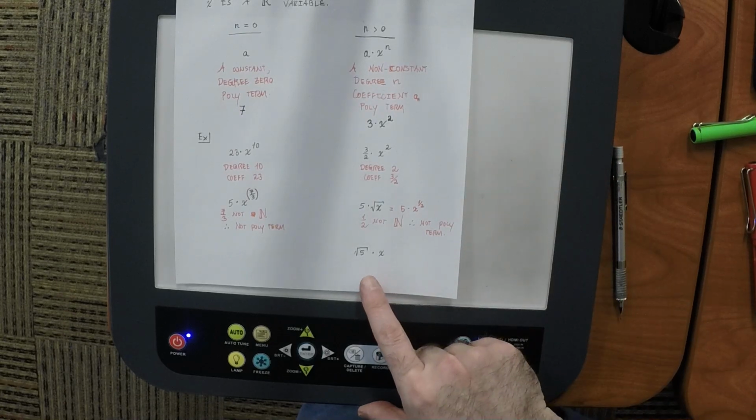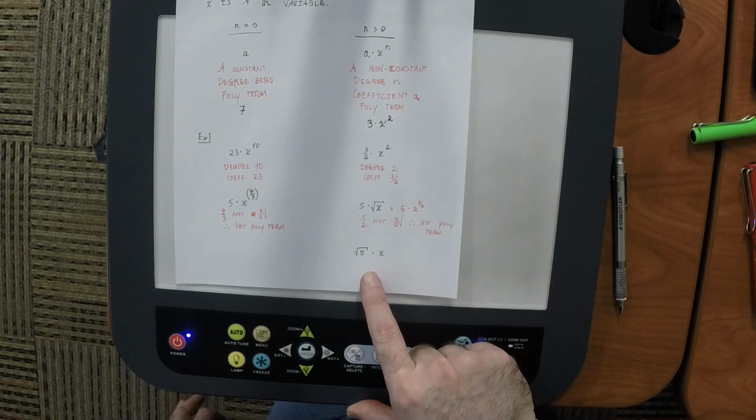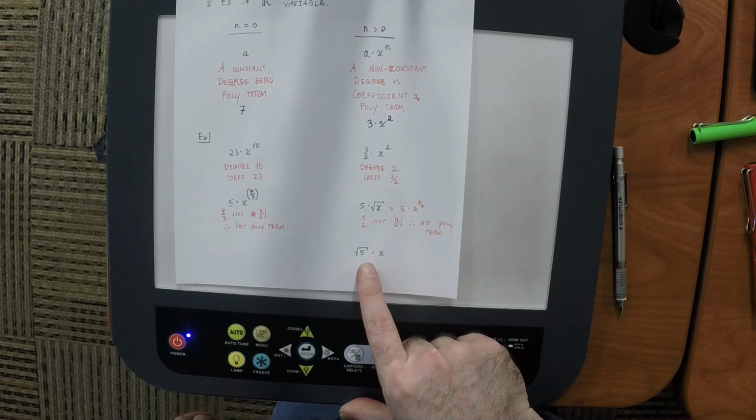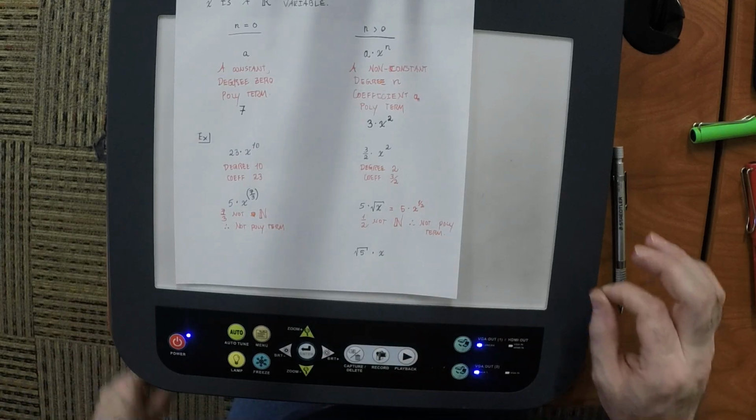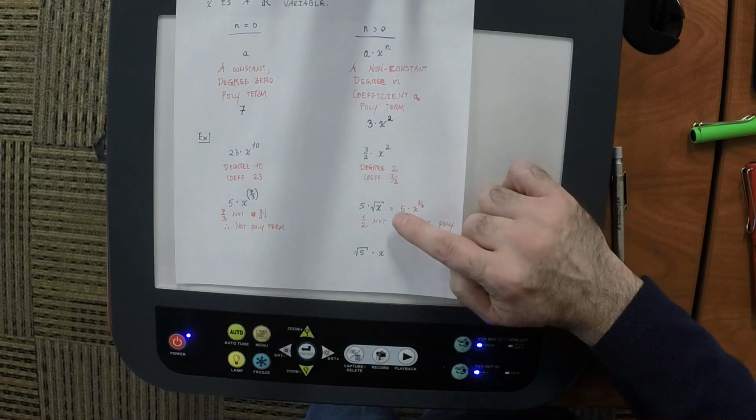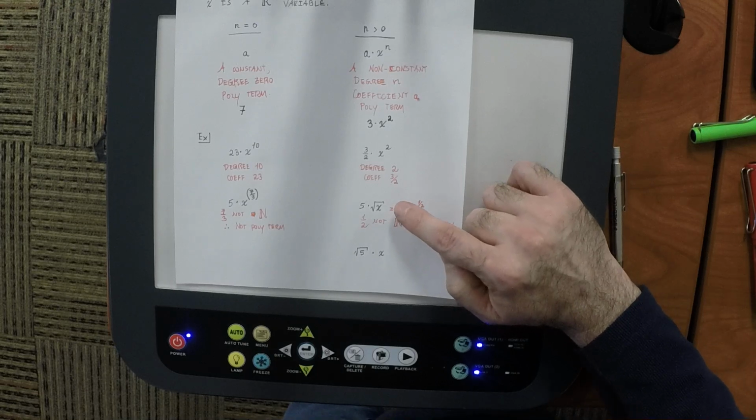How about that one? Is that a polynomial term? So now I've got you shy about the radicals, right? I primed the question with that one.